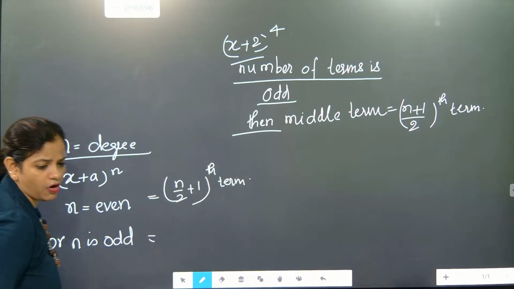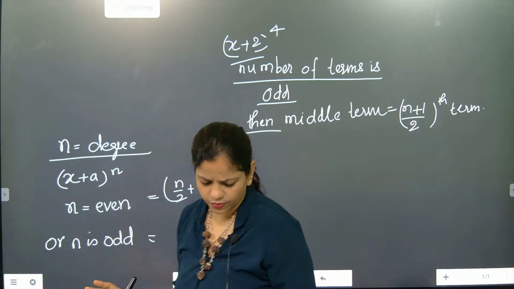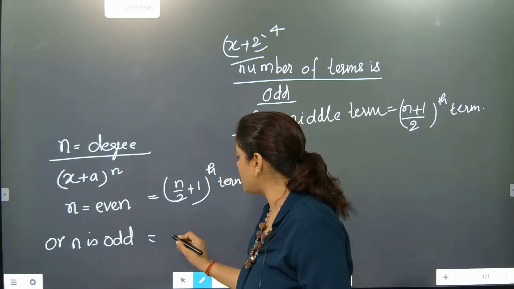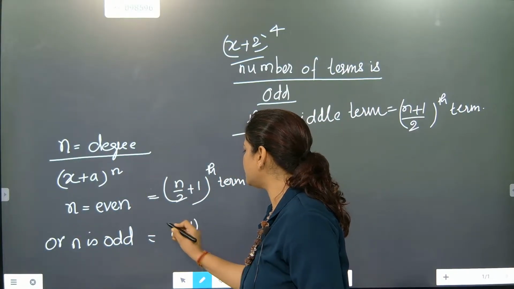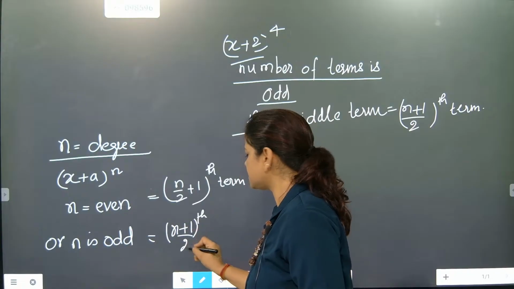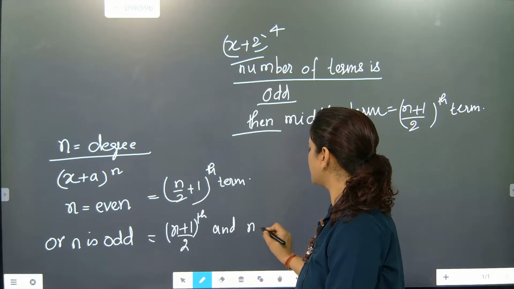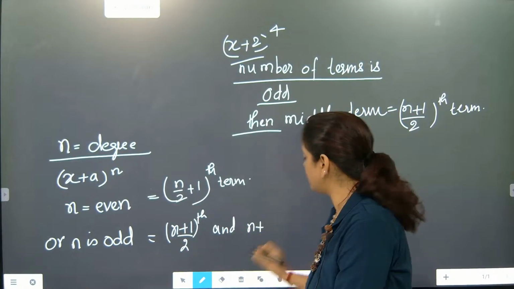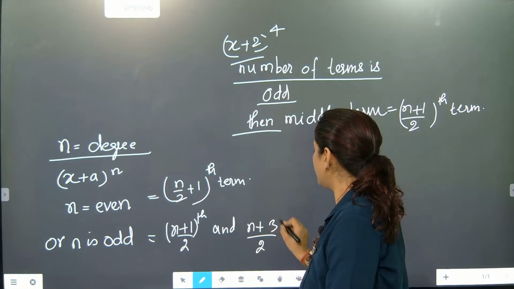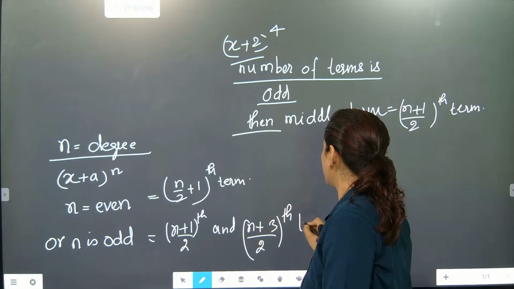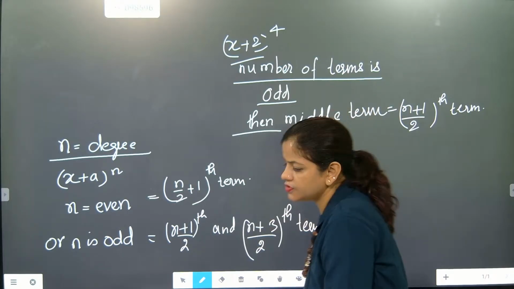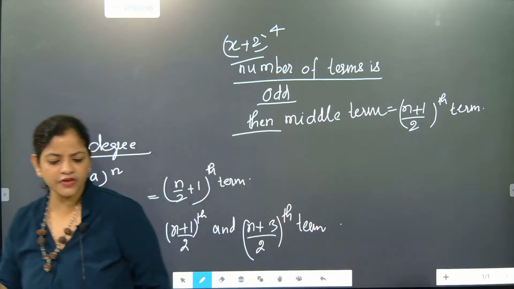When n will be odd, I have written the most important thing. When n will be odd, then the (n+1)/2 th term and the (n+3)/2 th term will give you the middle terms. So these are the two terms which will give you the middle term.